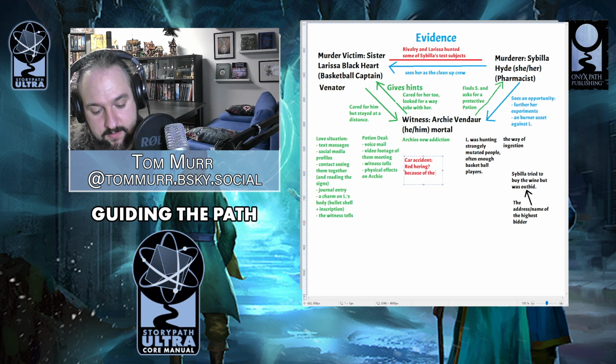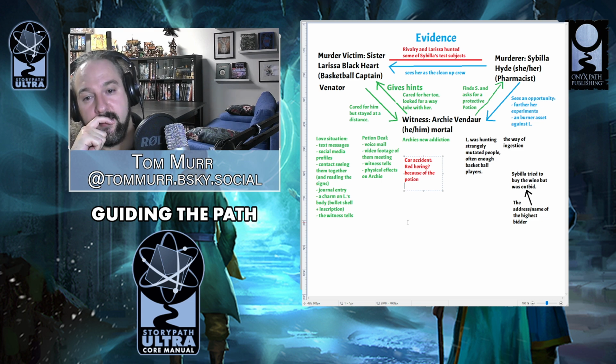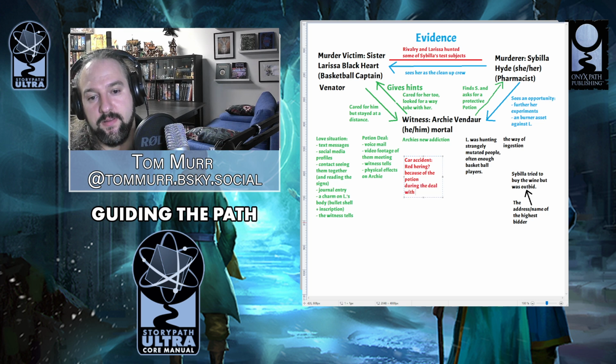The potion, that would be fun. Or during the deal with Sibylla, he learned something about her dealings, but understood this later.